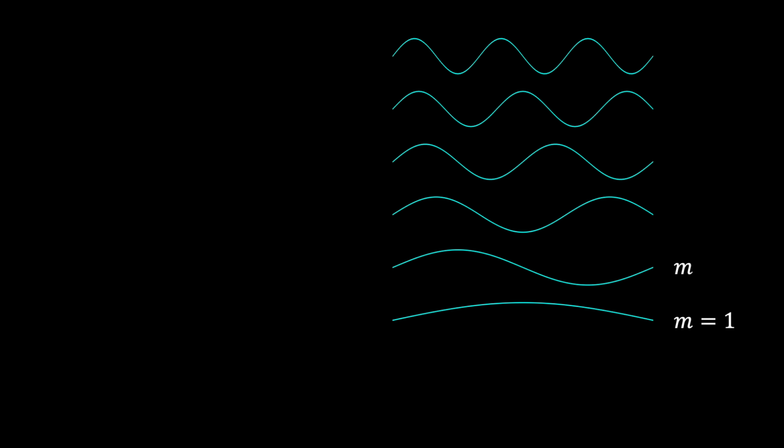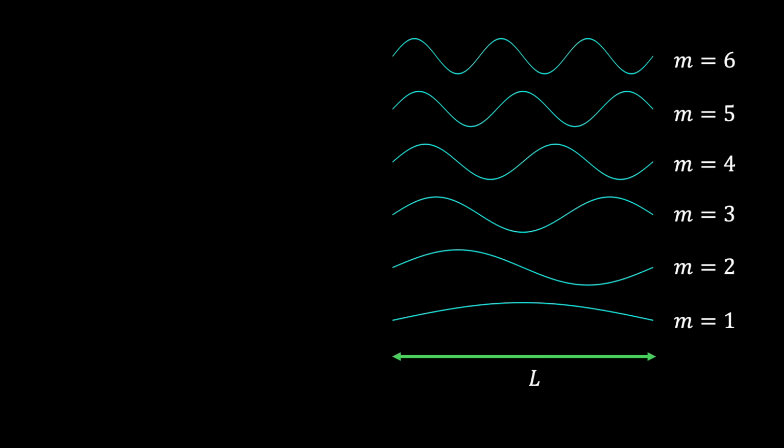If we label each of the allowed modes with an integer m, and if we imagine that the length of the rope is given by L, then the wavelength of the mth mode will be equal to 2L over m. And then given the relation between wavelength and wave number, the allowed wave numbers will be given by m pi over L.